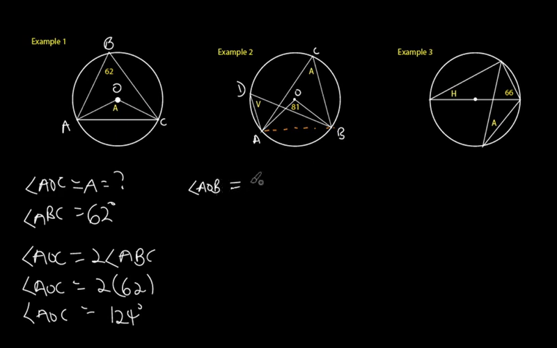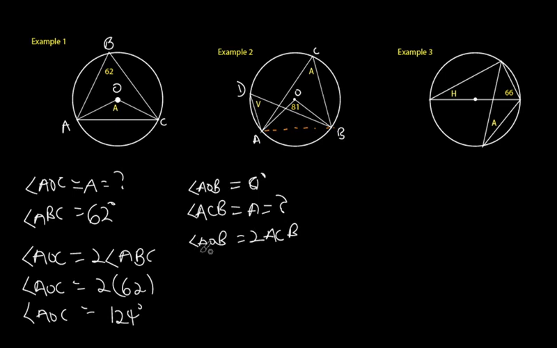is equal to 81 degrees. So angle ACB, which is equal to A, we don't know, but we know that angle AOB is equal to twice the angle ACB.